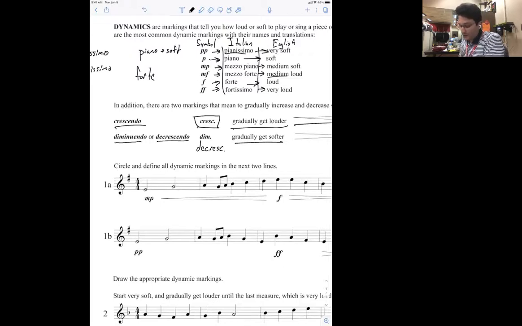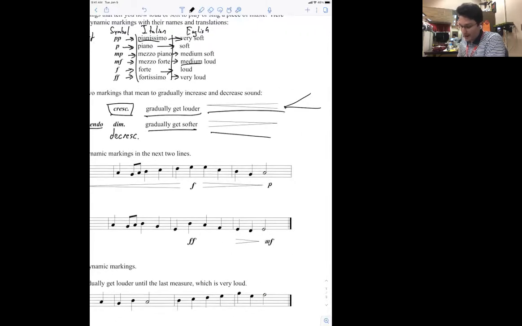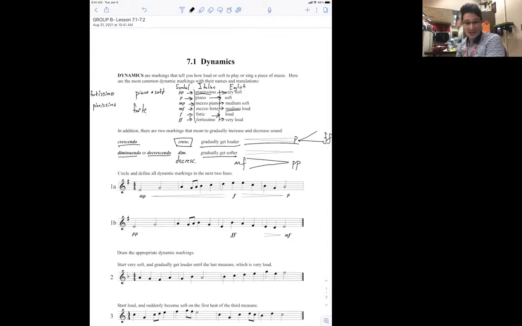And those both mean to gradually get softer, and the symbol starts big and then gets smaller. So you could go from a mezzo forte to a piano or pianissimo there. And for a crescendo, you could start with soft and then work all the way to very loud. Okay, so that is how our dynamics work.